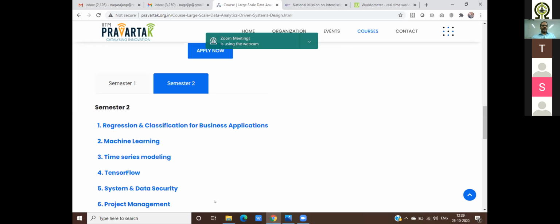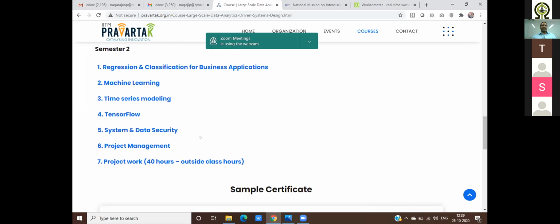And that is what we are looking at in terms of the course: not only just the data, but the systems around the data, the scale of the system, the security of the system, and if you are part of the system or the head of the system, how to manage the development of the system. Then, if you have some experience in this, how you can even start a startup using fundamental data science techniques.